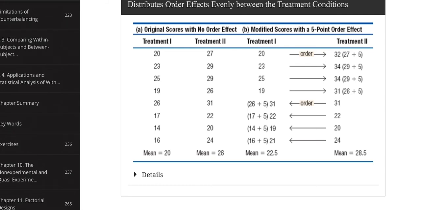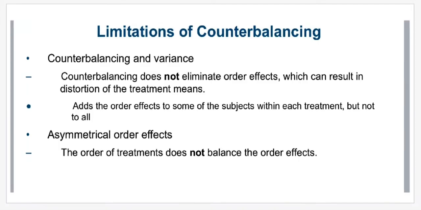So there's going to be a larger variance. Remember, we talked about variance. The scores are going to vary more within treatment one and within treatment two, within the groups themselves. Remember, if you're increasing the variance within the groups, that is going to make it harder to see the difference between the groups.